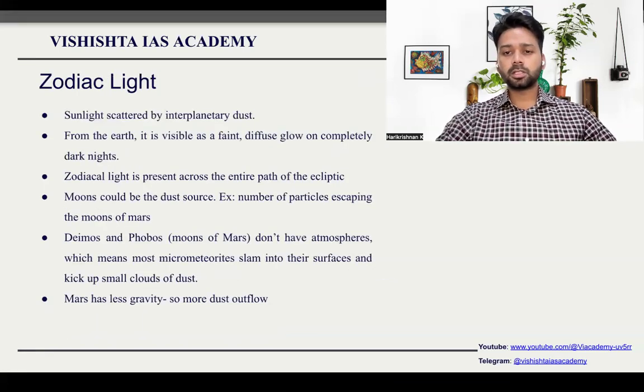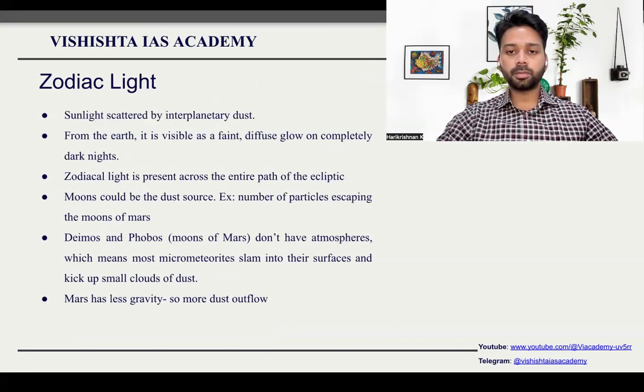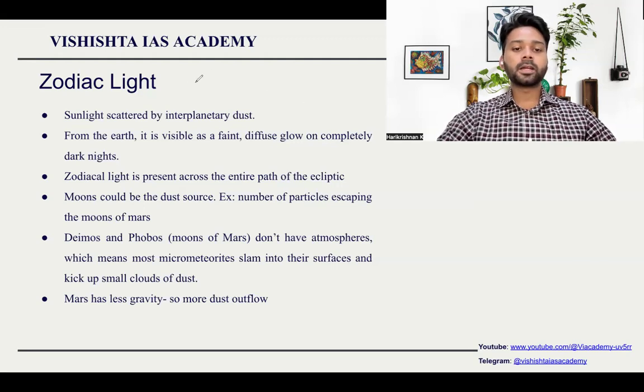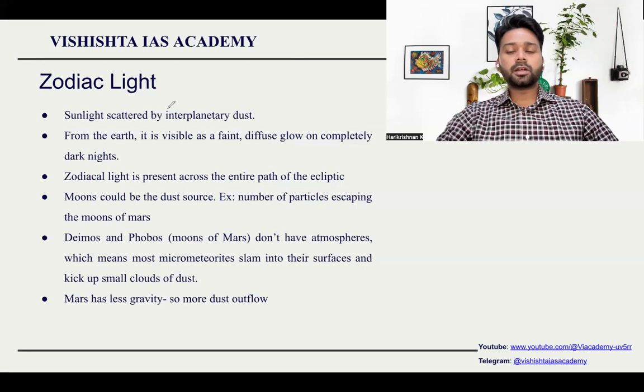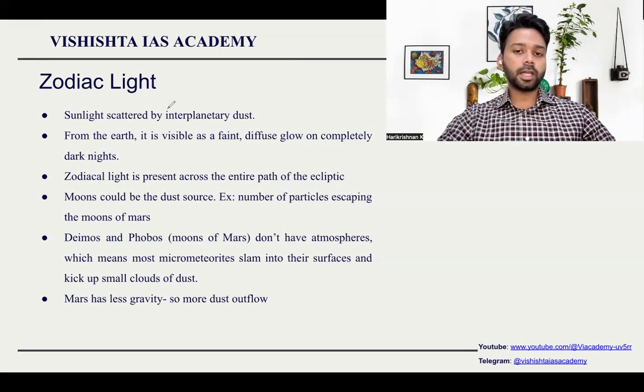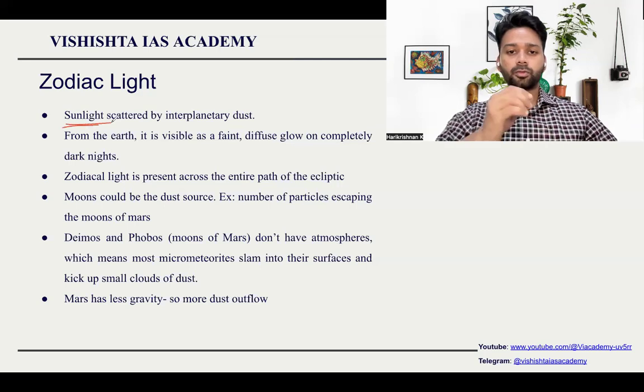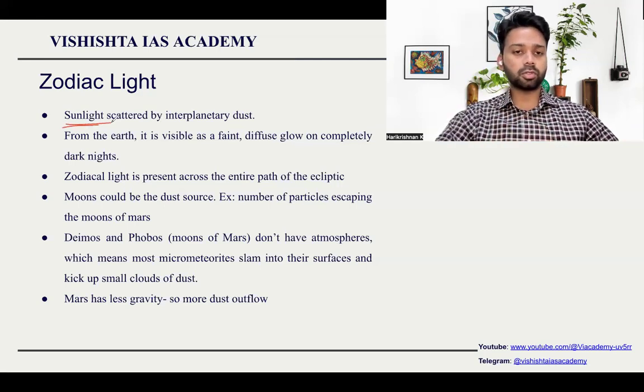Zodiac light is a small, simple piece of information, but very important from a science and technology perspective because space is an important topic under GS3. In a completely cloudless night, if you look at the skyline, you can see small, shiny streaks of light passing through the sky.